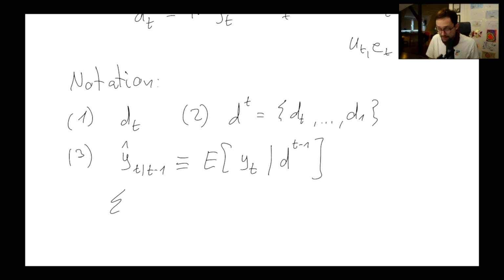Similarly, we're going to call sigma t given t-1 the corresponding mean squared error.